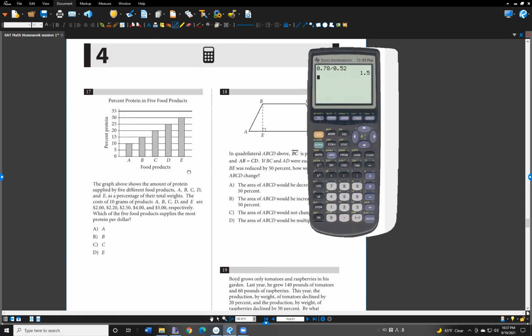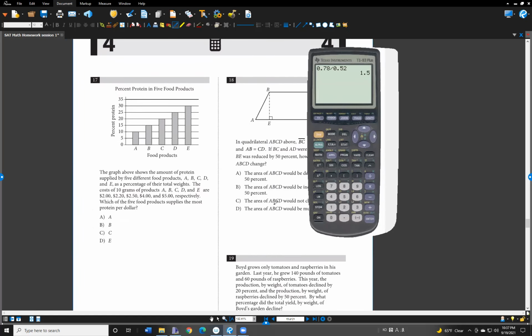All right, number 17. So we have a food product over here, A, B, C, D, E, 5 different food products. There's a percent protein over here given. All right, okay. The cost of 10 grams of product, this is all 10 grams. Product A, B, C, D, this is $2.